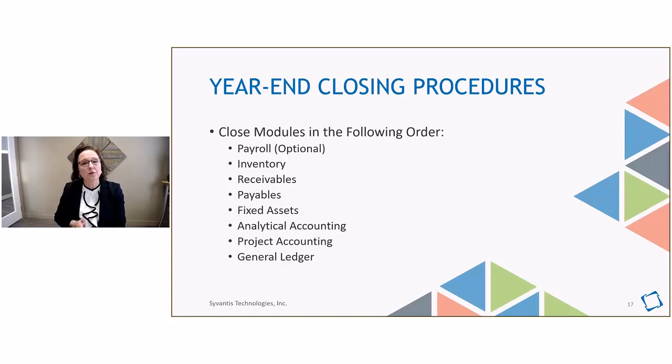The other one to mention is project accounting. Project accounting doesn't have a physical closing procedure, but I do recommend you go through that module as part of the reconciles process, and I'll tell you what I recommend, even though it doesn't have a formal closing process.